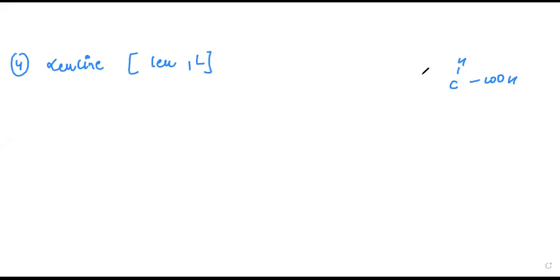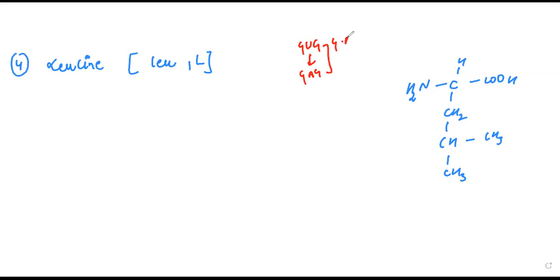Okay, I'll repeat it. I said GUG is converted into GAG. Glutamic acid is converted into valine.